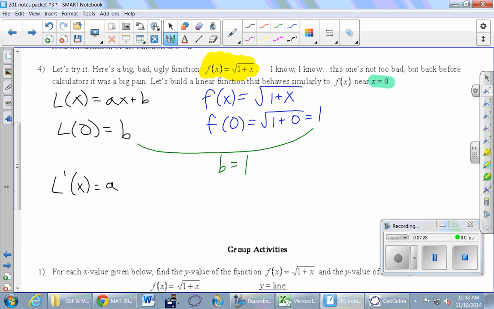Okay, harder is the derivative of our square root function. So maybe first step is some pre-calculus. How could I rewrite that square root function? (1 plus x) to the half. Now that it looks like the half, I can take a derivative more easily.